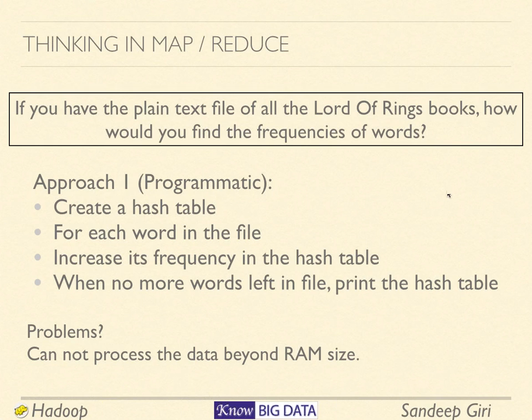So we are talking about computation, and in particular, MapReduce here. In the programmatic approach, where we have to count words, what we have done is taken up each word, put it in the dictionary, and increased the value.